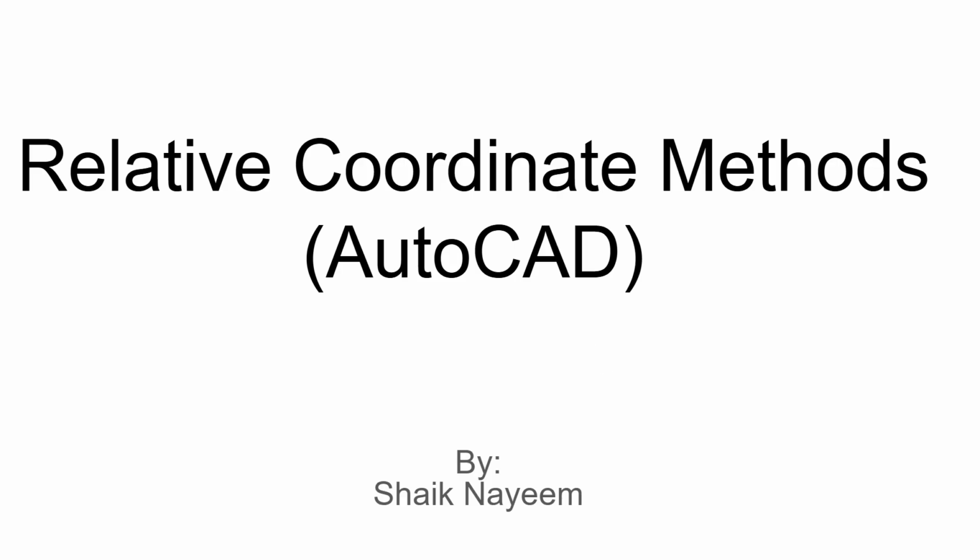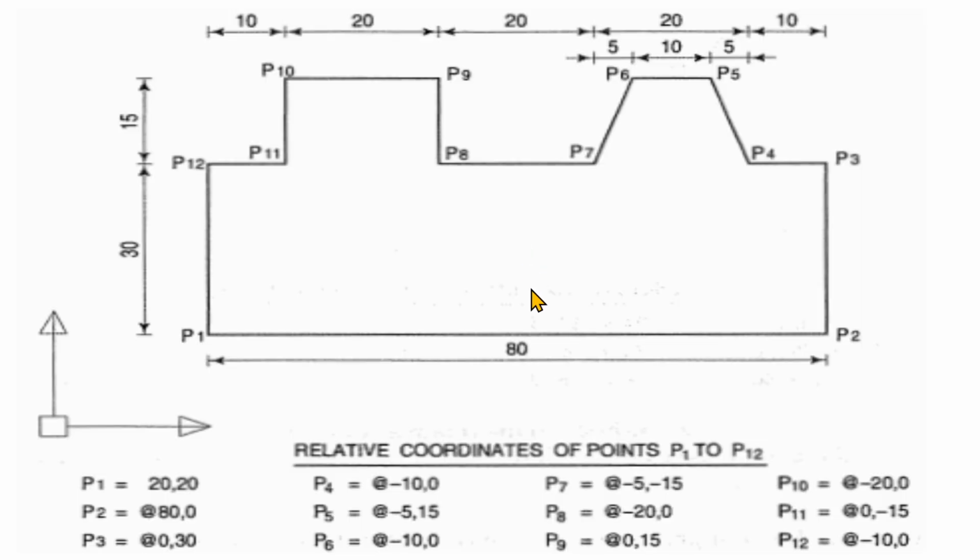So today we are going to see the relative coordinate method. In the last session we saw the absolute coordinate method. Today we are going to see the relative coordinate method. In this diagram, this is our origin with coordinate point 0, comma 0, and the point P1 coordinates are again 20, comma 20.